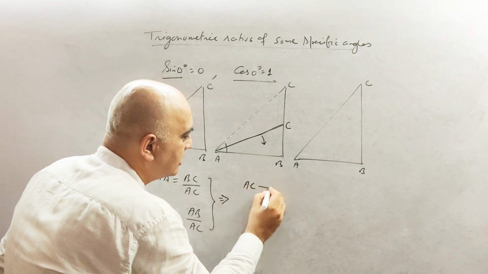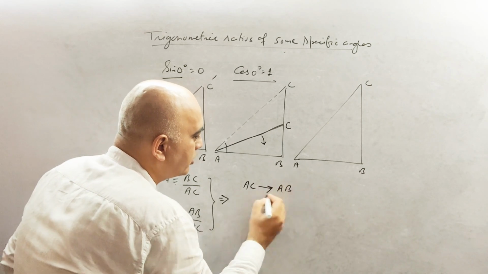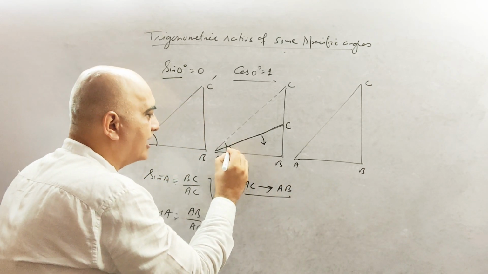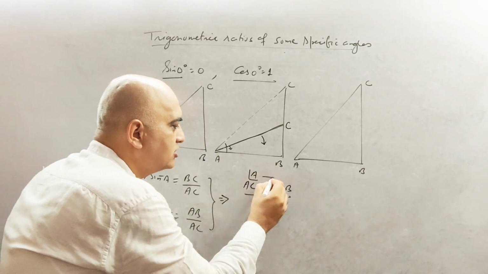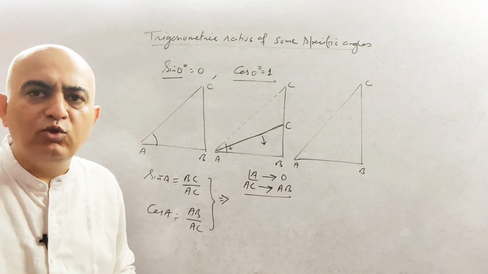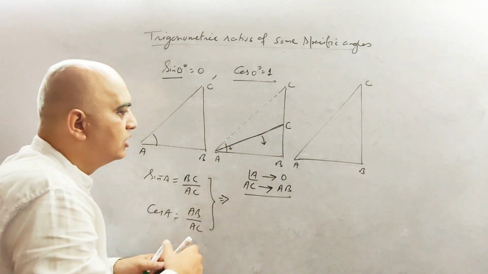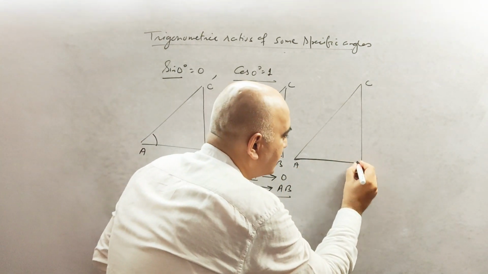Hypotenuse AC is approaching near to AB, because when angle A approaches 0, its value becomes 0, then AC lies at this place.